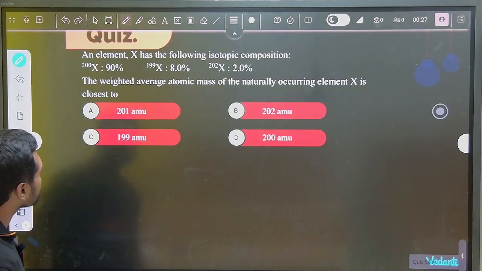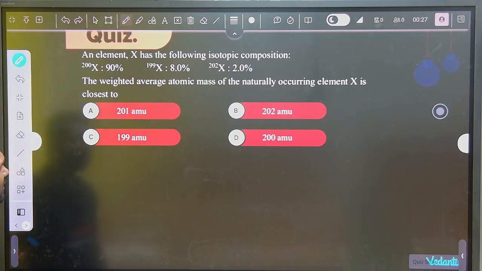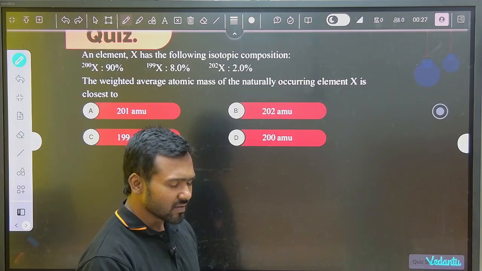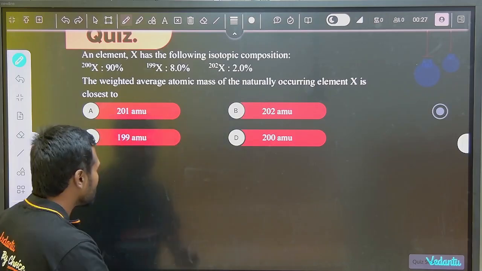If you see some questions here, an element X is having the following isotope composition: X200, X199 and X202, the weighted average. Anyway, here I am not going to do this one. This is the average atomic mass.